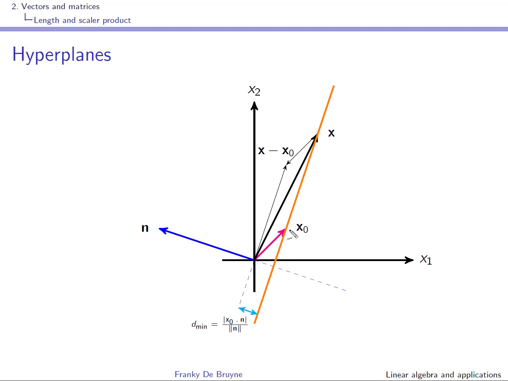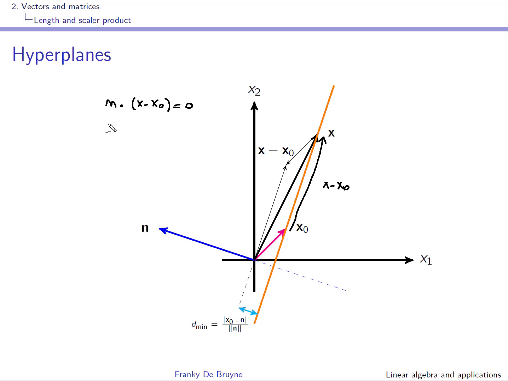And here we have an example. We have put a vector head to tail with x0 to produce the vector x. So this vector that we have put head to tail with x0 is, in this case, x minus x0, and it must be perpendicular to the direction n. Okay, so the condition is simply n scalar product with x minus x0 is 0, and any x that obeys this equation will produce a vector that is on this line.